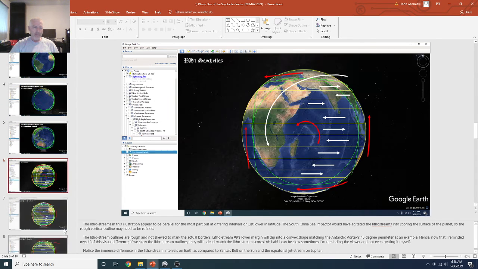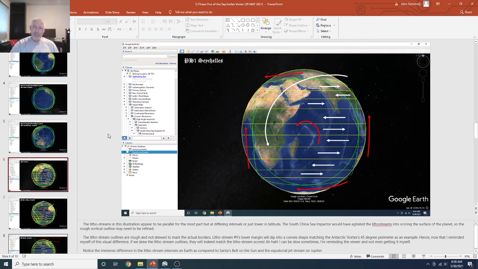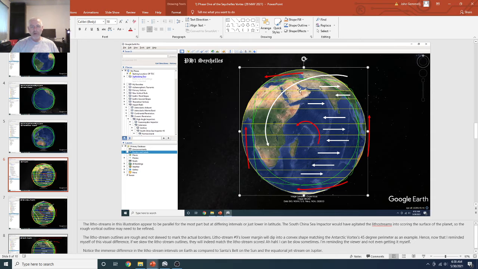Yeah. So then that brings me down to this slide. Now I'm starting to break these things down, the different streams and rotations, down to show people what it is that I'm looking at. Now, these yellow stripes are just generalizations of the streams, and as you can see, if this uppermost line was to be true, it would be arced in exactly the same way that our north polar vortical perimeter is arced right there.